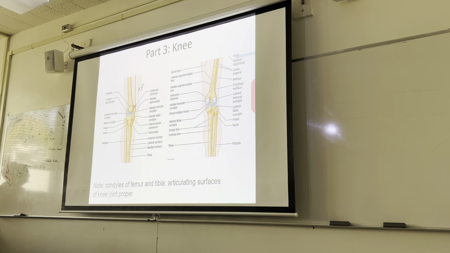Adductor part, there's a little hiatus like that. Oh, they're not showing Gerdy's tubercle on here, but maybe it's up here, Gerdy's tubercle. The tuberosity is where the patellar ligament is going to attach.